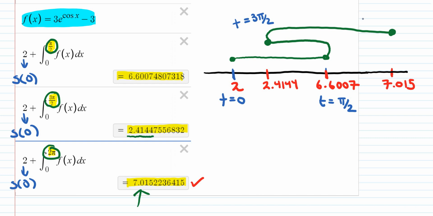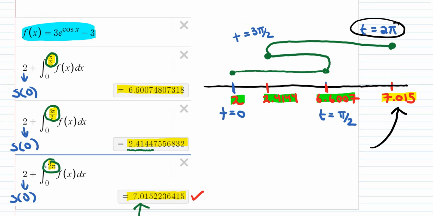So this is the time value right here at 2 pi. So at 2 pi, the particle is at 7.015, which is furthest to the right. Okay, so if you compare that to these other green values here, the number that's furthest to the right is this number right here, which is 7.015, and that happens after the particle has traveled for 2 pi seconds. Okay, so there's your answer for that particular case.